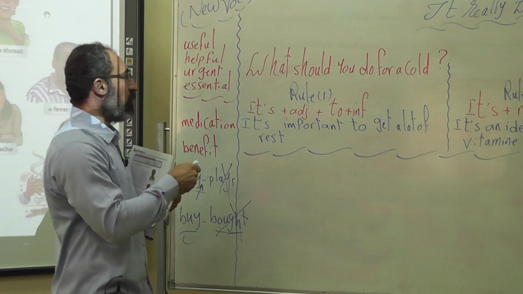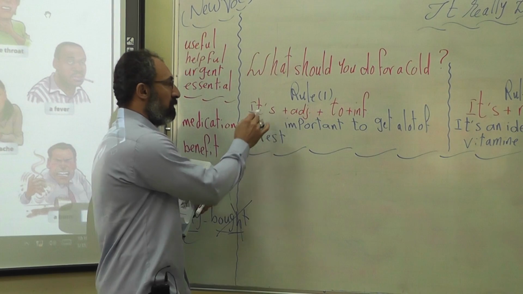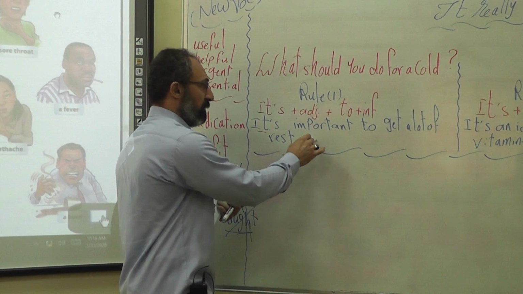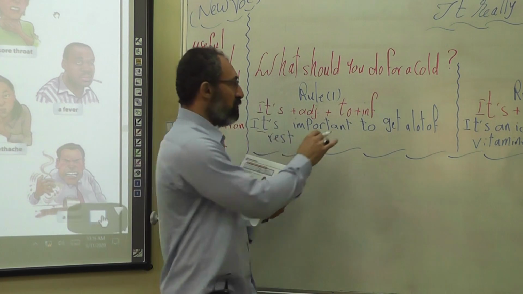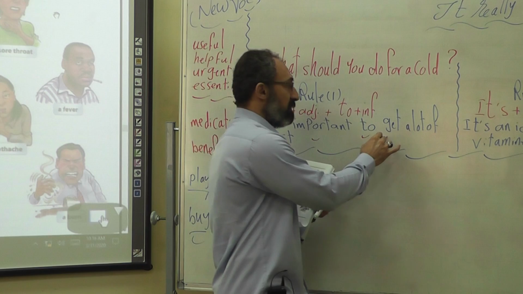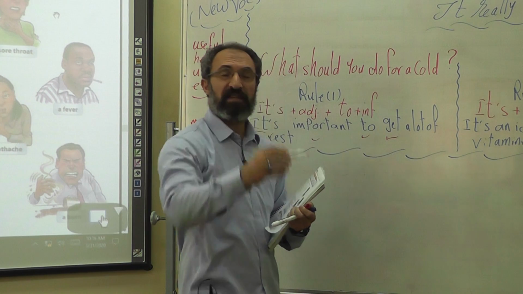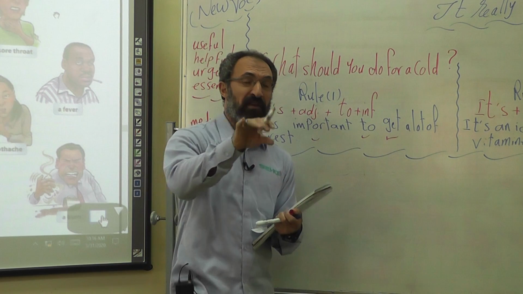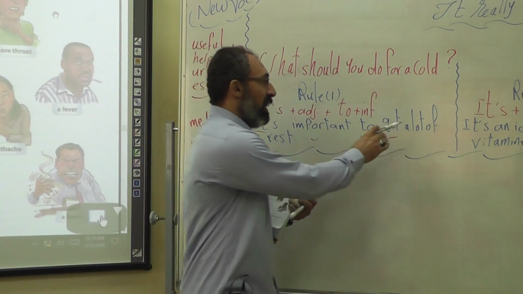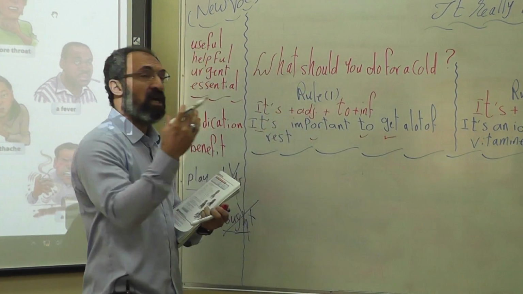So here we have it's. Then I have an adjective, which is important. Then I have to, and the infinitive, which is get. Then the rest of my sentence, something that completes the meaning of my sentence, and here it's a lot of rest.